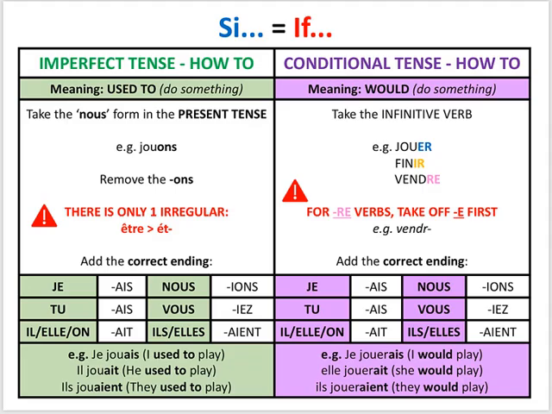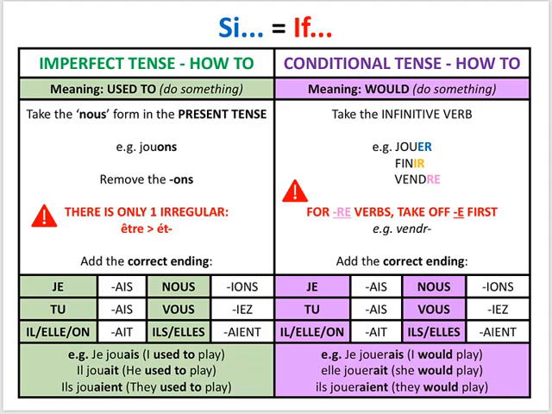The endings, as you'll notice, are exactly the same as for the imperfect. So the only difference here is that you're adding to the infinitive instead of having taken something off beforehand. You see below, je jouerais, I would play, elle jouerait, she would play, and ils joueraient, they would play.